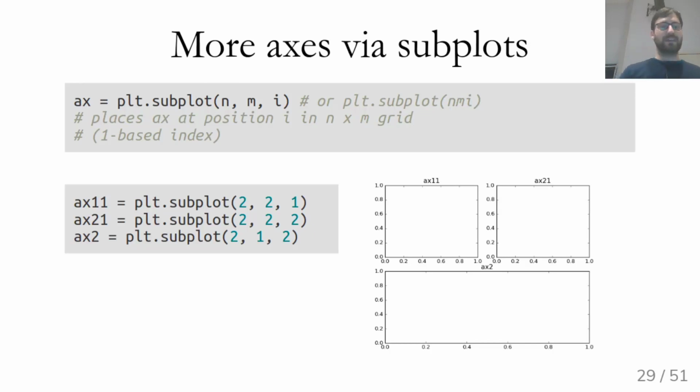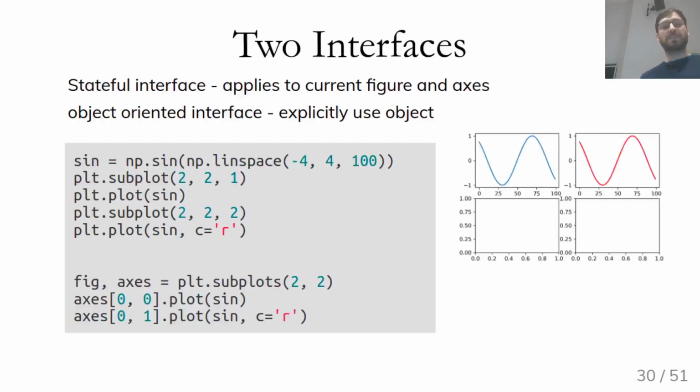The main reason for having these two slightly different interfaces for subplots, though, I think, is that there's generally two interfaces to all of Matplotlib, basically. One is a stateful interface, and the other one is an object-oriented interface. So in the stateful interface, there's a current axis and a current figure.